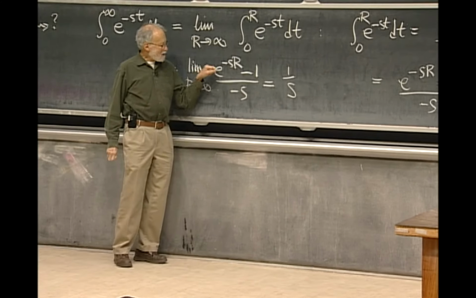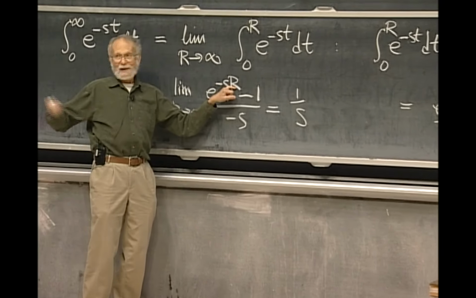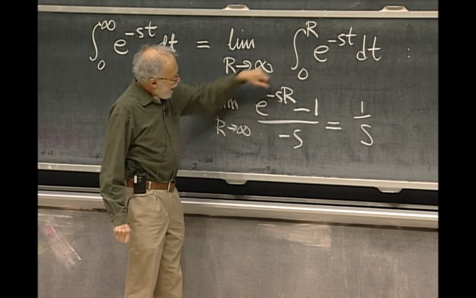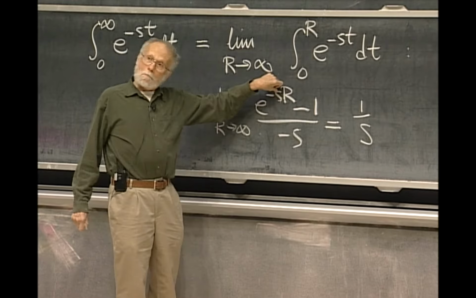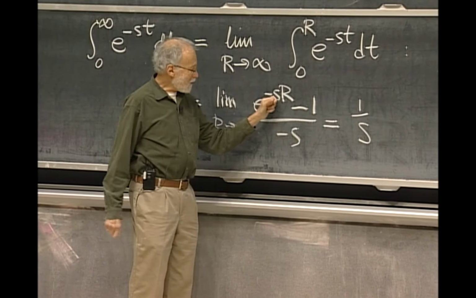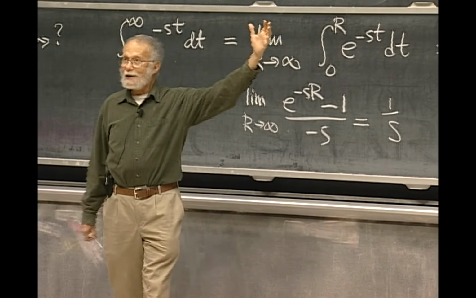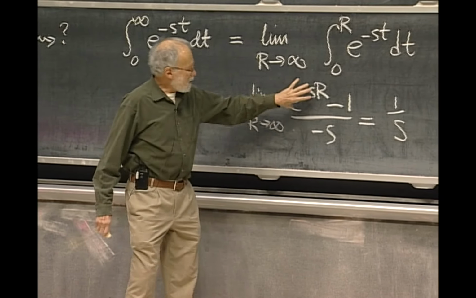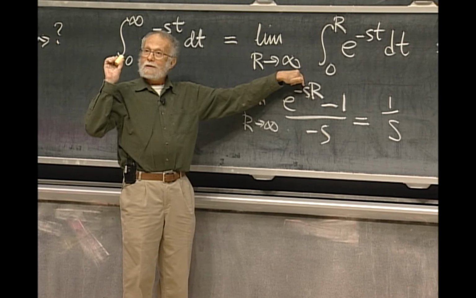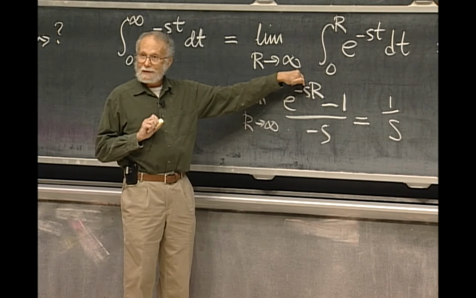But, you know, I said like e to the minus 2r obviously goes to 0, and e to the minus 5r goes to 0. How about e to the minus 3r? Does that go to 0? No, that's e to the 3r, which goes to infinity. The only time this goes to 0 is if s is a positive number.